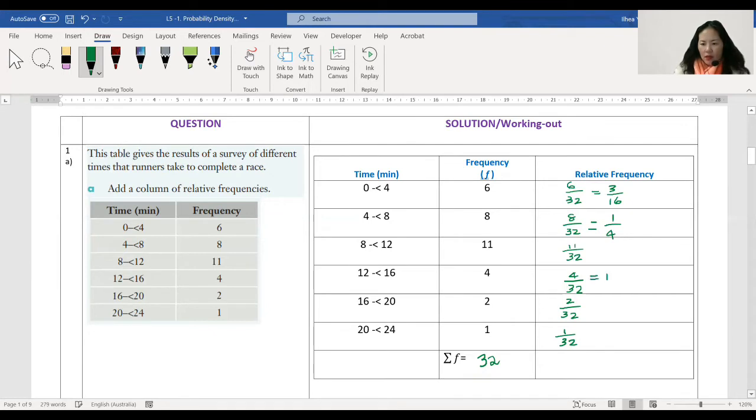This one is 1/8, and then this one is 1/16, and that's what it is. So that's what a relative frequency is. Relative frequency represents probability. Probability can be represented as decimals, fractions or percentages. In this case, we're going to stick with fractions.